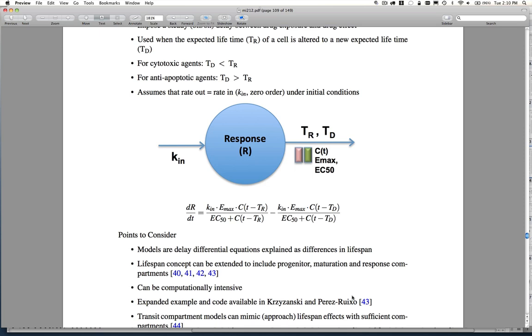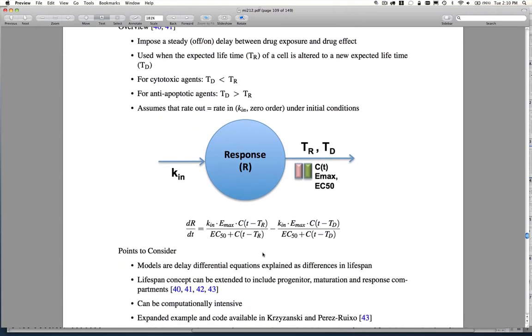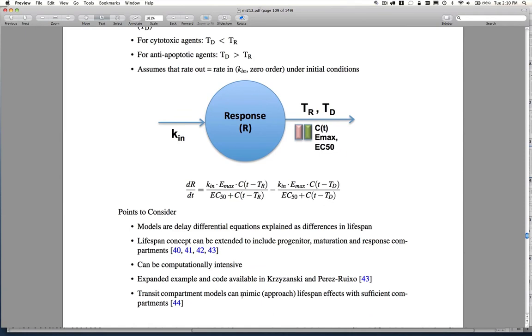It doesn't give you that much different than what you'll get from a transit compartment model. In fact, if you add enough transit compartments, it's been shown that you can mimic essentially what these lifespan models are doing. Oftentimes that's a more efficient approach, and from a code writing standpoint, it's much easier for the modeler.